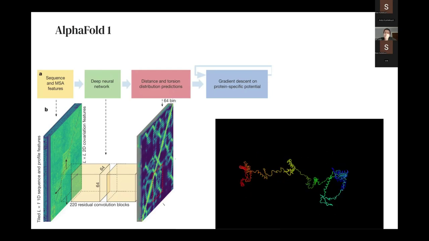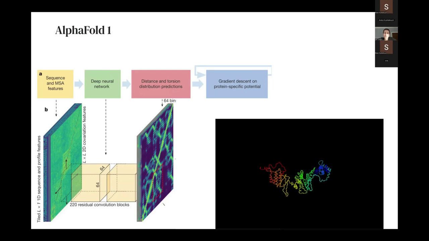It really was all about starting from the co-evolutionary information, in fact, the outputs of pseudo-likelihood, and running it through a computer vision network. And I really mean a network where we had reused the architecture from another computer vision network. And it was trained very well, and it was a very deep network.